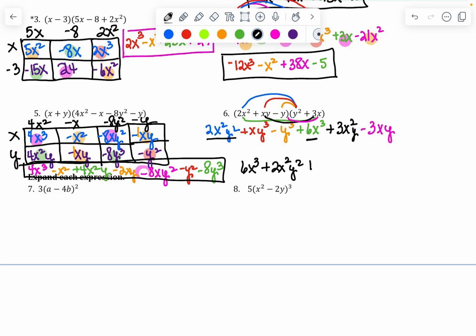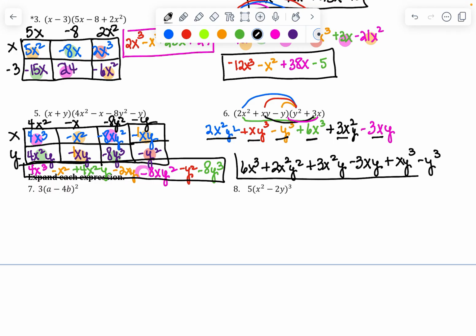This would be a 3x squared y. And then we'd have this one, minus 3xy. Then we can have this one plus xy to the third, and then minus y to the third. That one was very interesting.